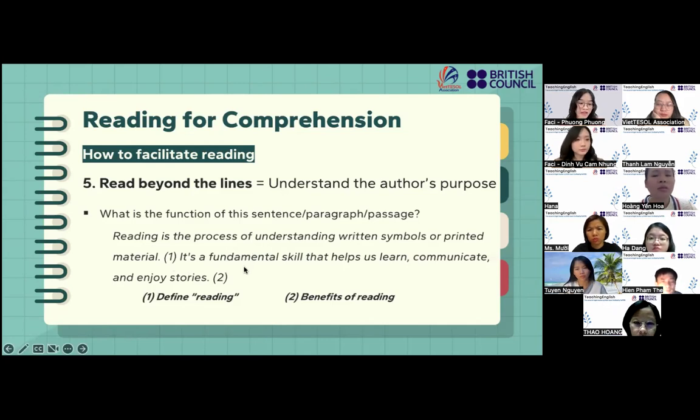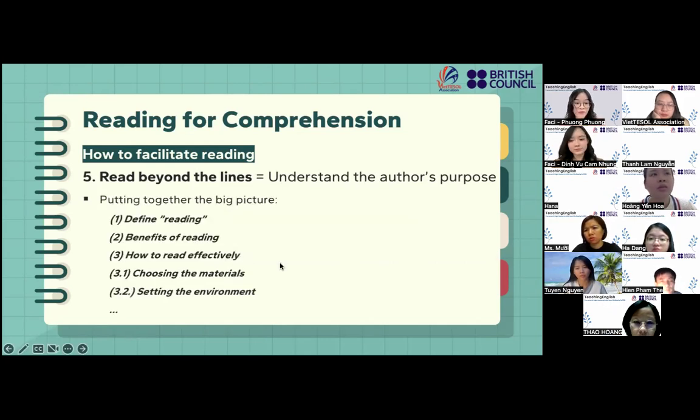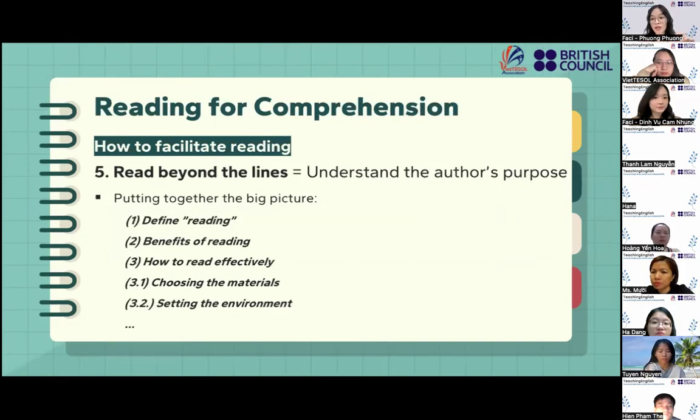Okay, so for example, we can have a really long text, but if the student knows how to read the text and he or she can get the function of each paragraph, we can put together the big picture of the whole text like this. So the first paragraph is used to define reading.